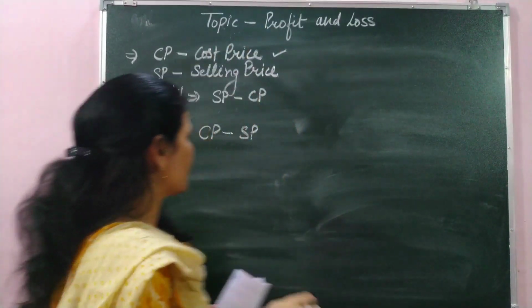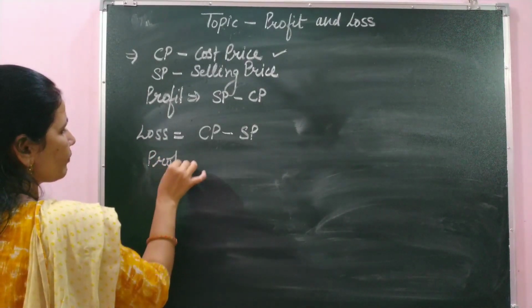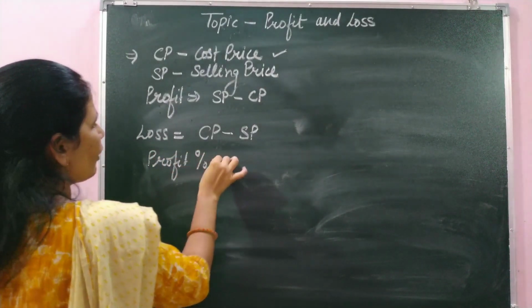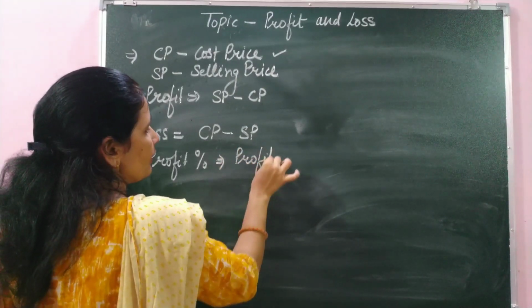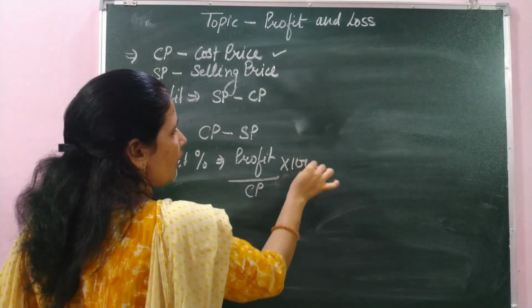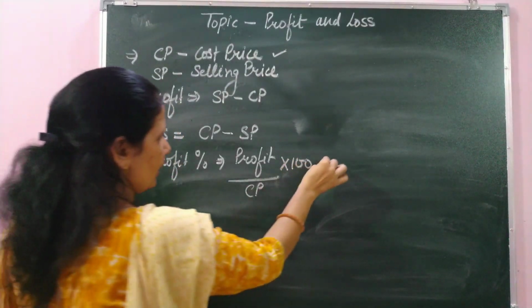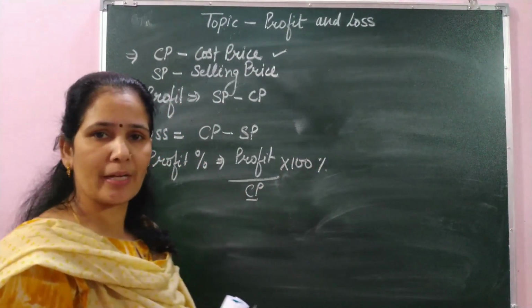So let's see the formula. To find the profit percentage, the amount of profit divided by cost price and multiplied by 100, and we will write here percentage. Students, have you seen we have taken cost price.